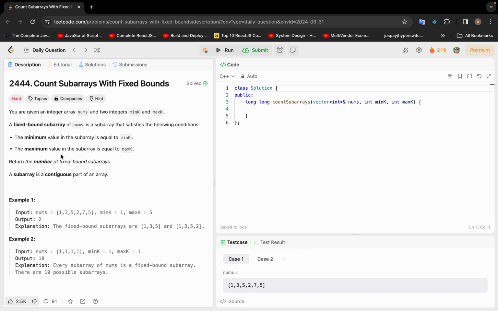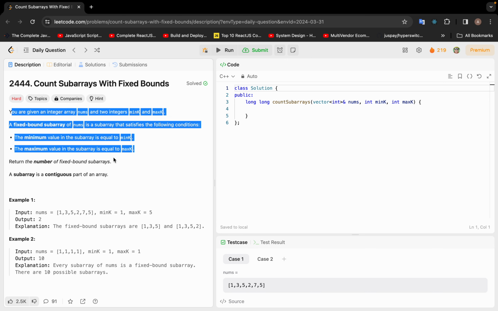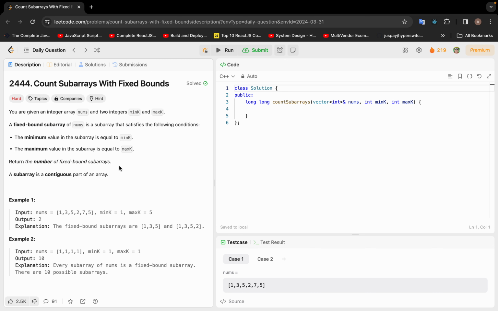Again, this is a sliding window problem. If you see something like counting subarrays, you can think of sliding window. So at first I thought of sliding window.